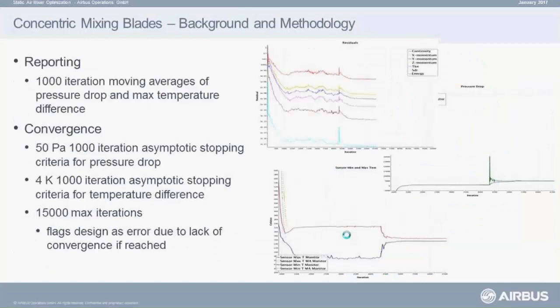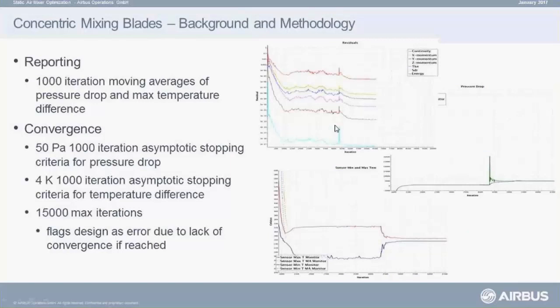When we look at the methodology, in every CFD simulation, basically you have to define stopping criteria. So in the case here, a moving average was used to stop a converged solution or something that was judged to be converged. Therefore, a convergence criteria of 50 pascals over 1,000 iterations was used, and 4 Kelvin.